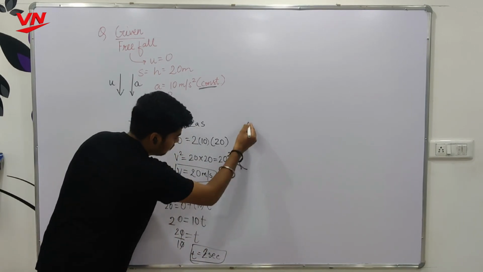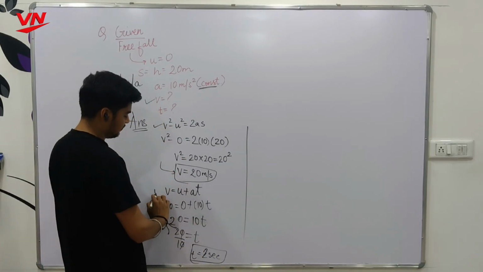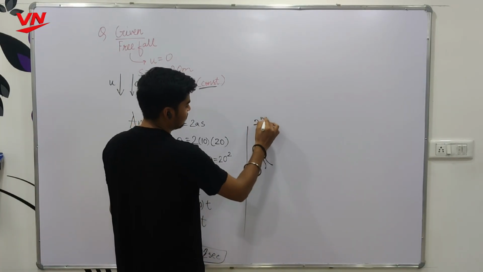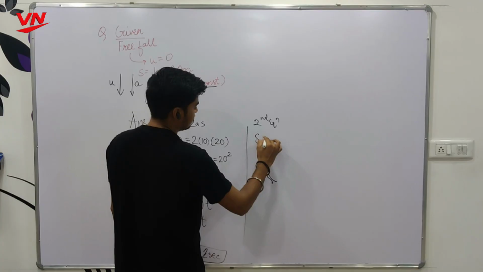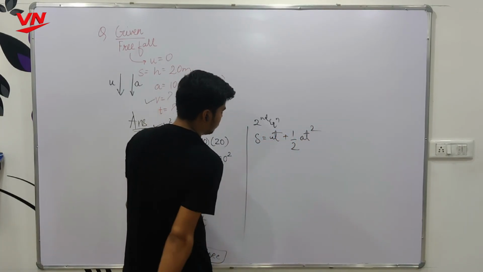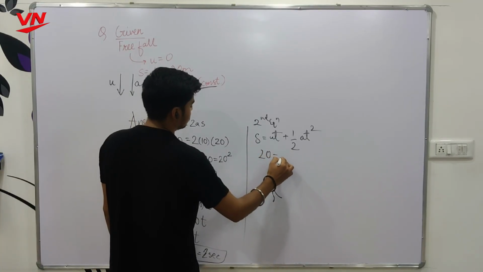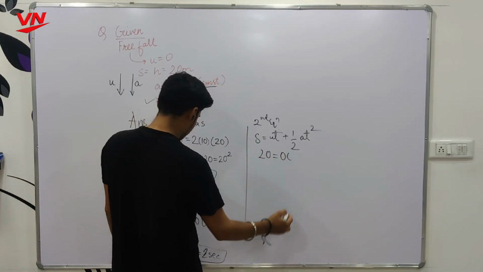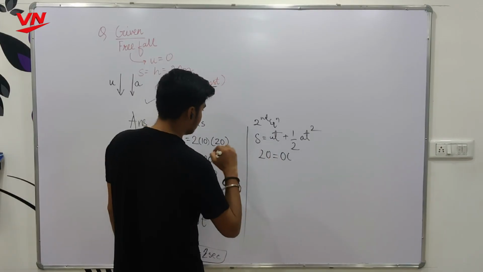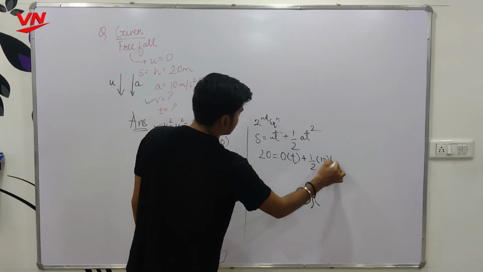Okay. Now, what happens if I use another formula? If I go with the second equation, that is s is equal to ut plus half at square. s, that is the height, given as 20, u is 0, t, the value of t we need to calculate, plus half, acceleration 10 and t square.